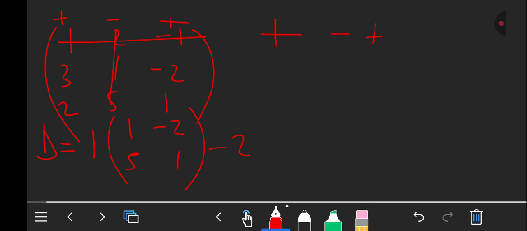So if you overshadow the first row and the middle column, we're going to have 3, 2, and also -2 and 1. Then you say -1. For this one, we overshadow the first row and the last column, and we'll have 3, 2, 1, and 5.